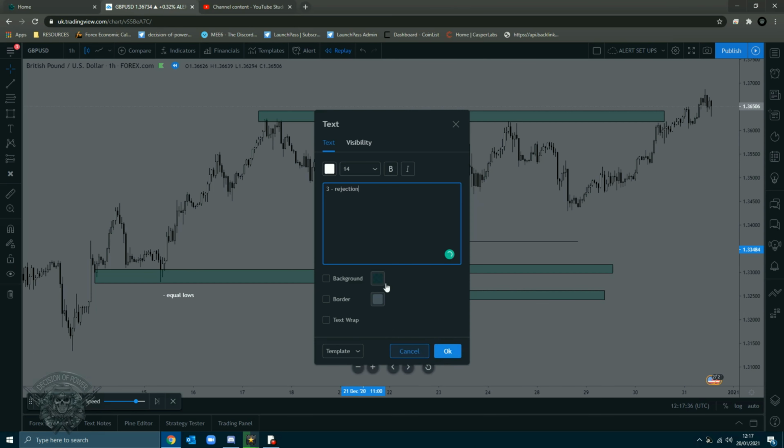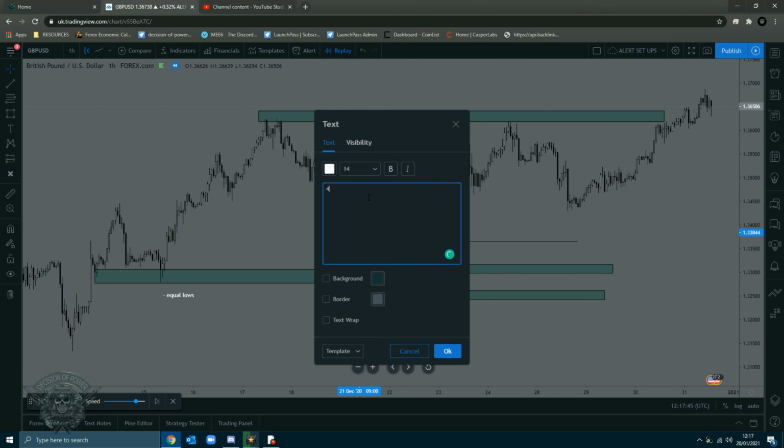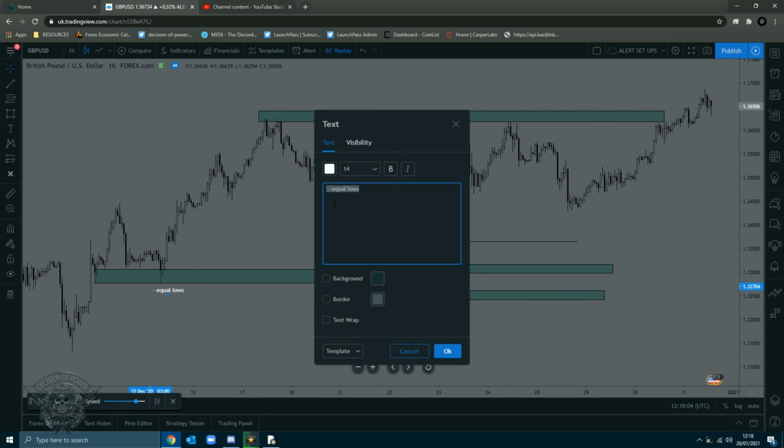Price rejection, and then 4 right here, so 4 was the break of structure. If you've not seen the first video, the basic training video, I'll leave a link in the description below, and you can go to that and understand what these points are. So 1, 2, 3, 4.